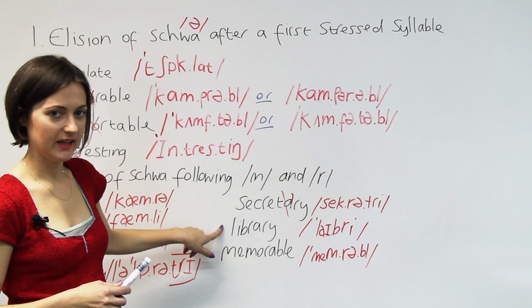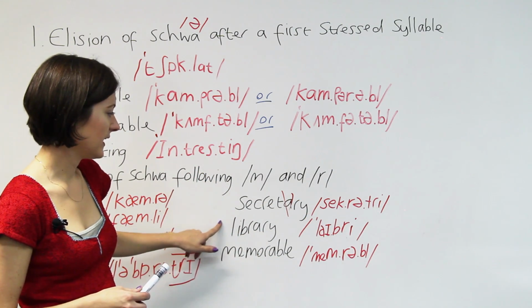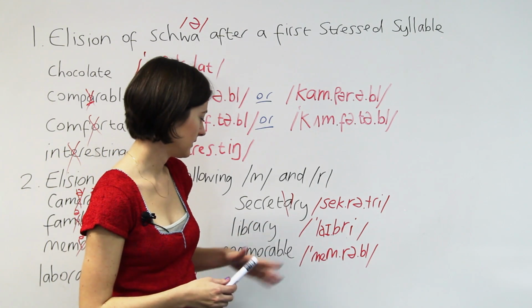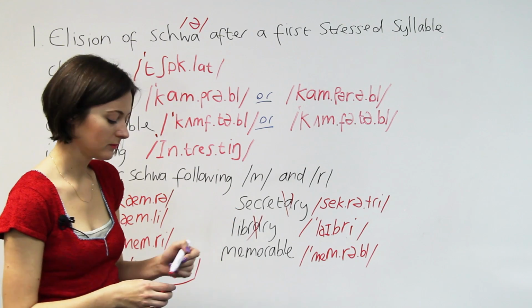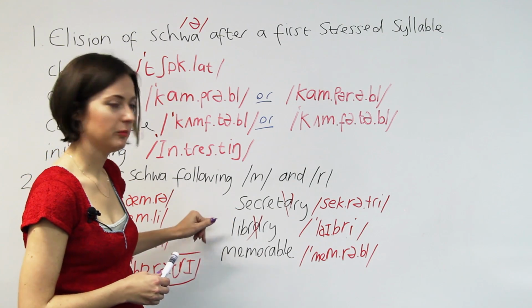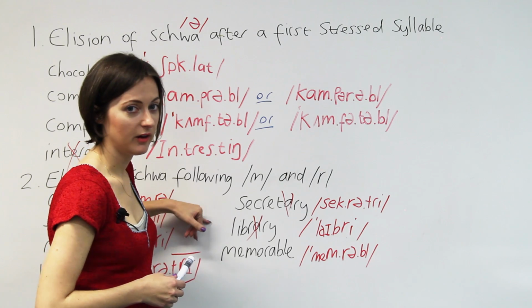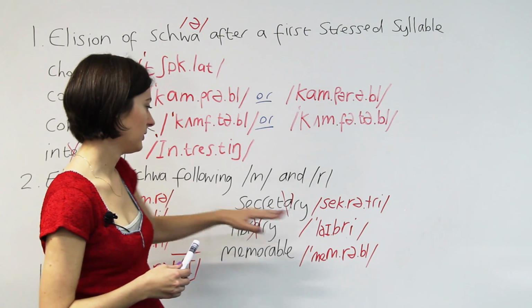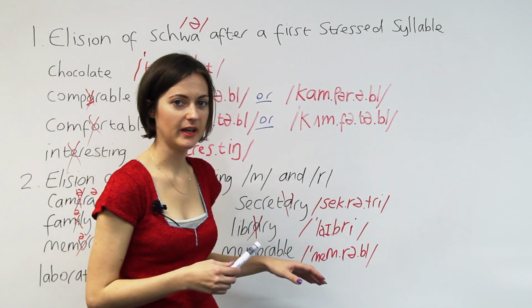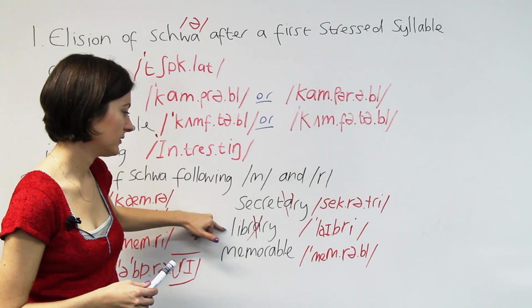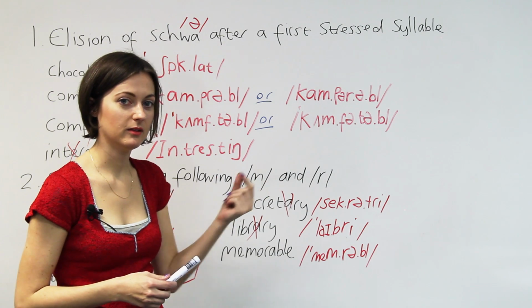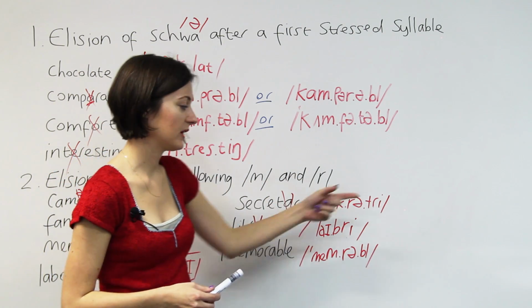What about this word here? Library. In this word, we're not saying that one. Some people do say library, but because I'm talking about elision today, I'm just mentioning how we're turning an otherwise three-syllable word into a two-syllable word, library.